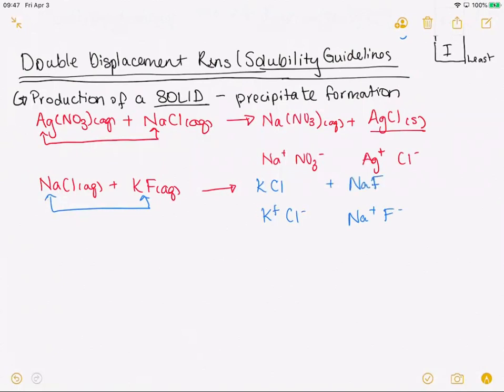These are both halogens, chloride ion and fluoride ion. You always look at the anions, and they're both aqueous. Aqueous and aqueous. So guess what? Nothing occurs. There's no solid precipitate formed. There's no chemical change. There's mixing, but there's no reaction here.